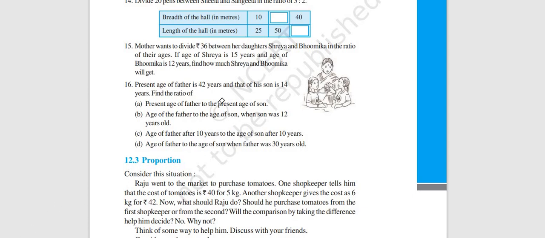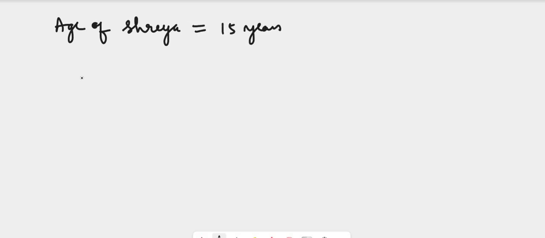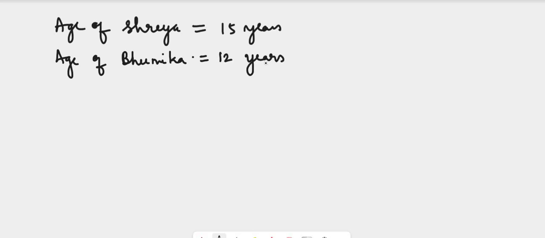So first, what you have to do: age of Shreya 15 years, age of Bhumika 12 years. So you have to calculate the ratio.